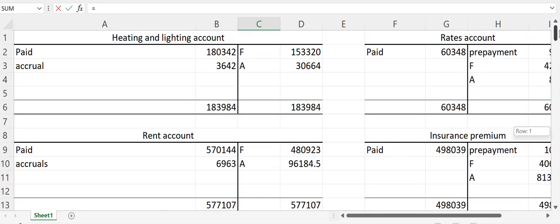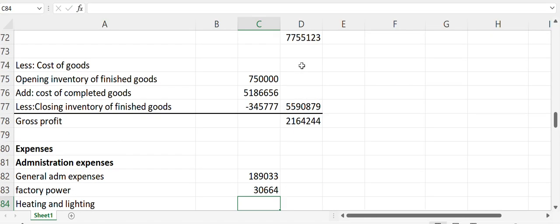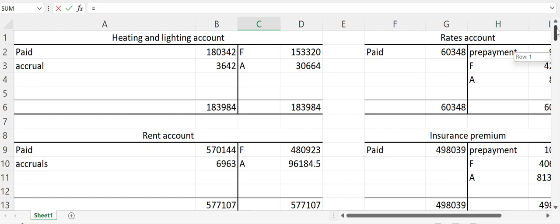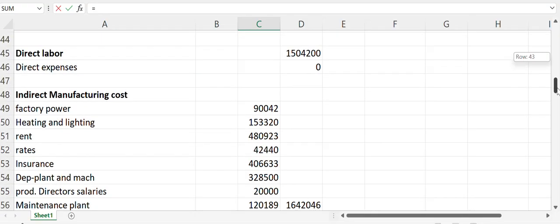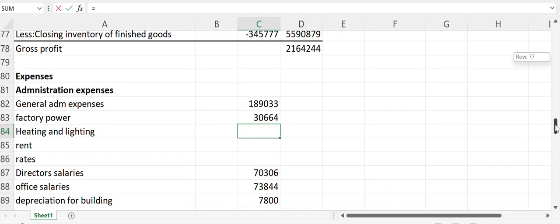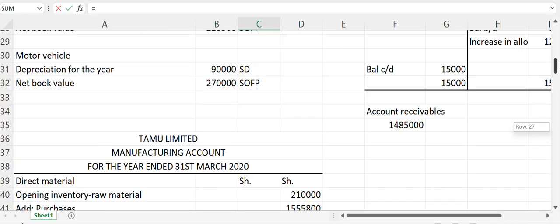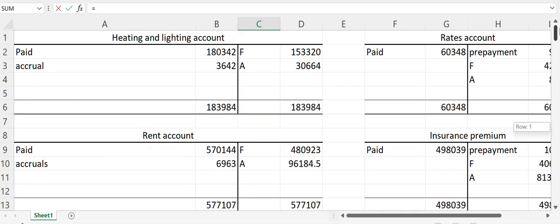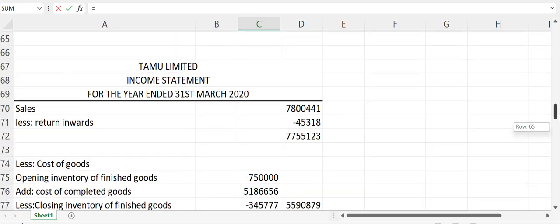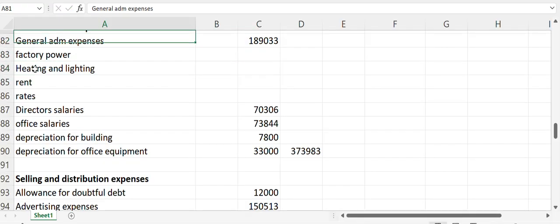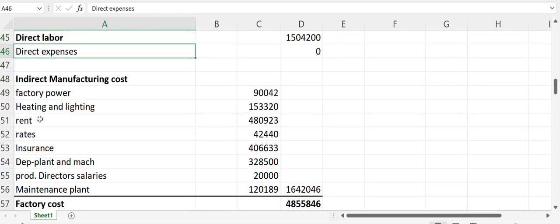The first one was admin, that one. Then we have heat and lighting. The first one is factory power. Oh, I took the wrong items. Let me go back. It's supposed to start with heating and lighting, rent.